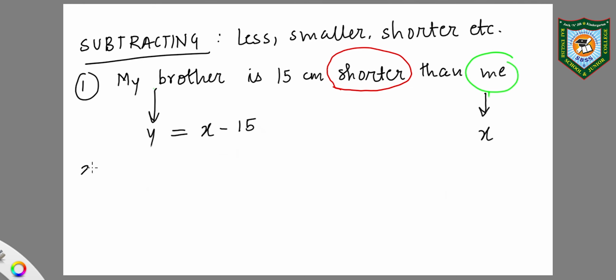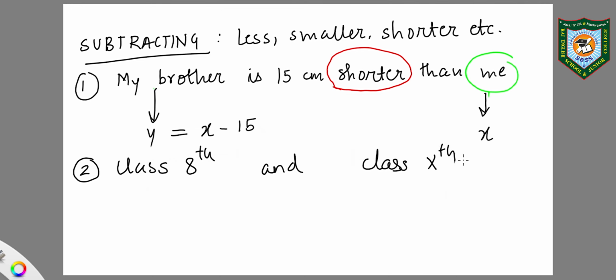Let's say that there are two classes. One, you have class 8, and you have class 10th. Now here the statement might say that class 8 has two less benches than class 10th.